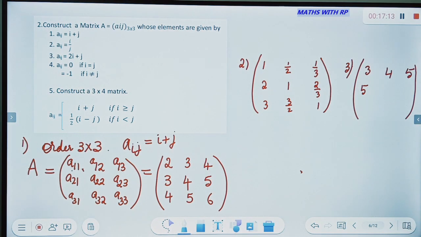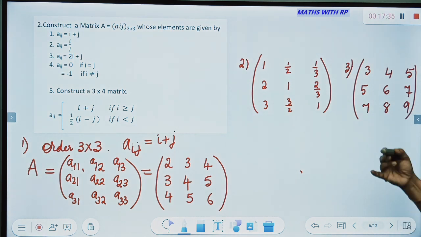A22 will be 2 into 2, 4 plus 2, 6. 2 into 2, 4 plus 3, 7. A31 will be 3 into 2, 6 plus 1, 7. 8. You can see a pattern here. So 9. Do you all understand how we can write any matrix given its representation in the general form?